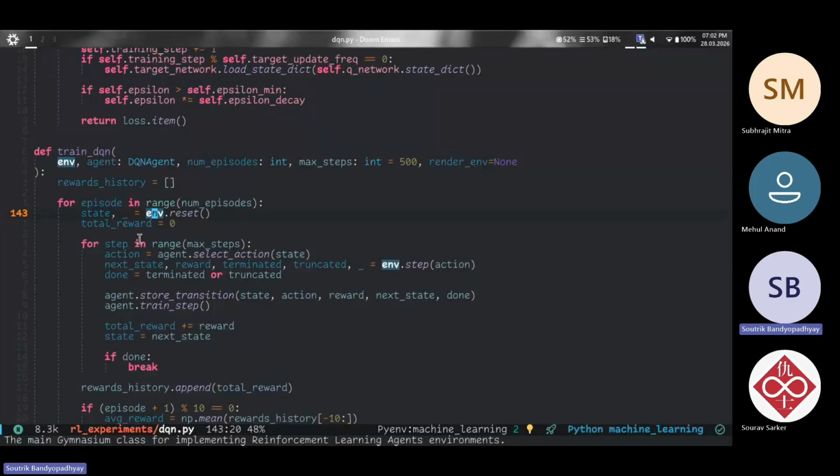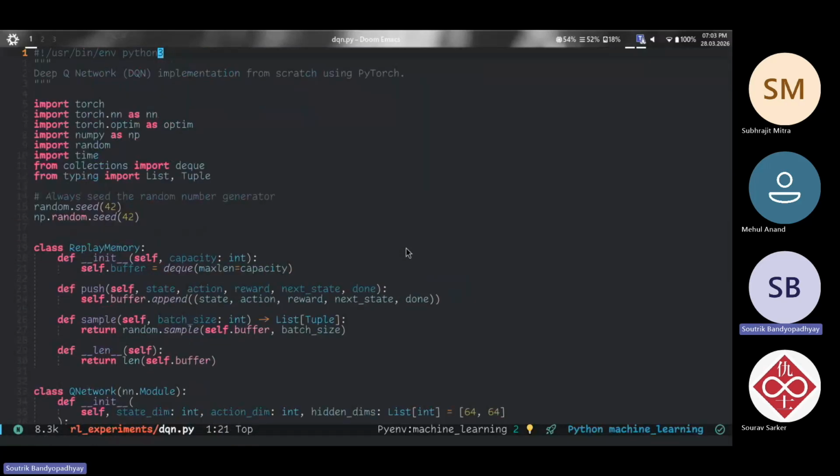And for each time instant, you take an action from the agent, and you observe the next state, reward, terminated, and truncated, which are the API of this gym environment. And you take the step of this action for this environment. Then you store this transition, the state, action, reward, next state, and done, to this experience buffer, which is over here.